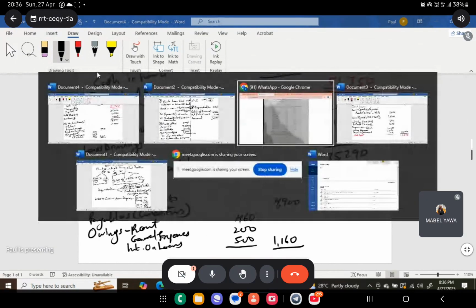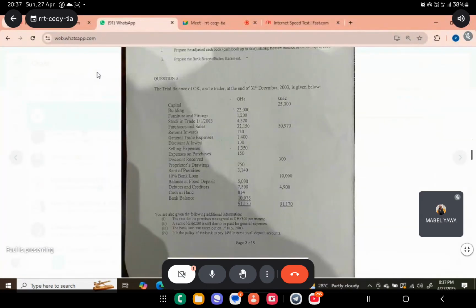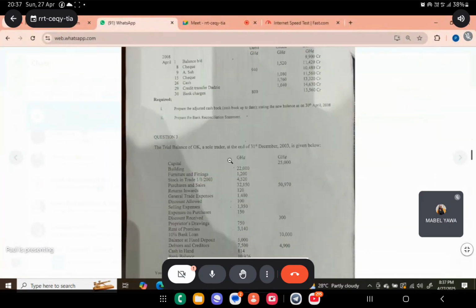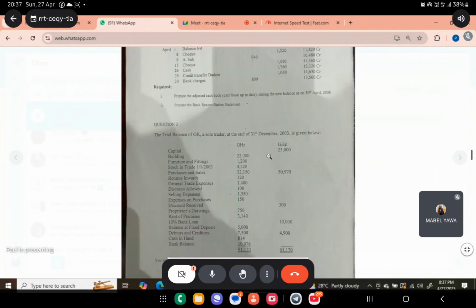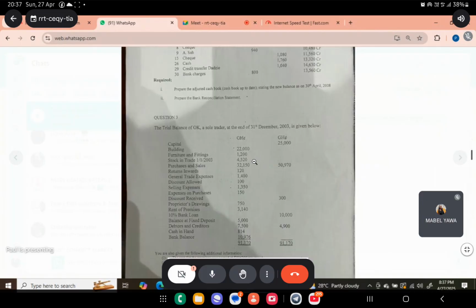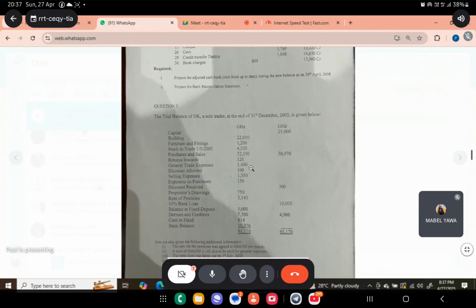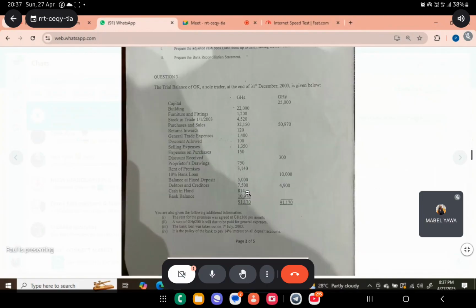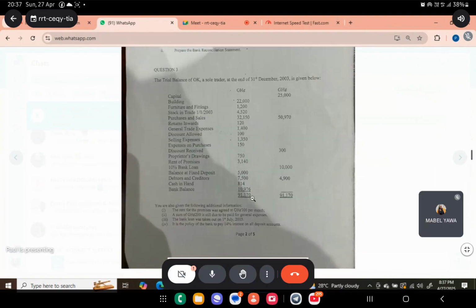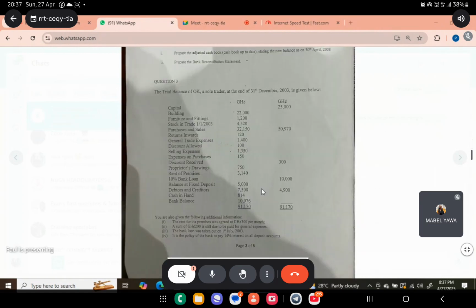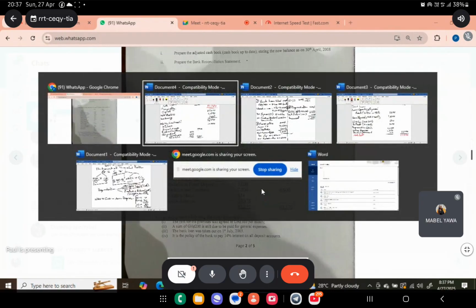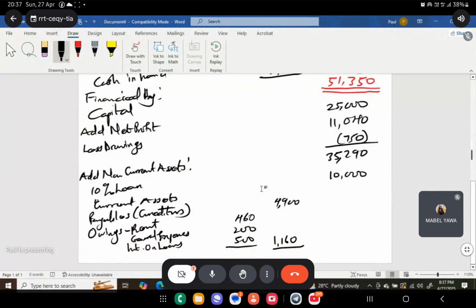So when we add it, let me check whether that's the only liability. I think everything has been treated. So when we add it to the 4,900, we should get 6,060.